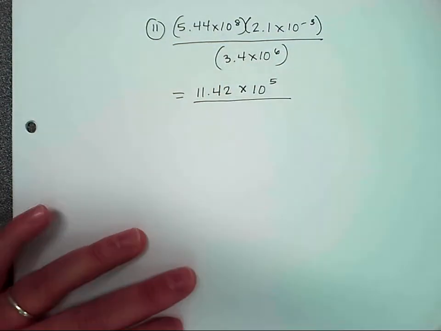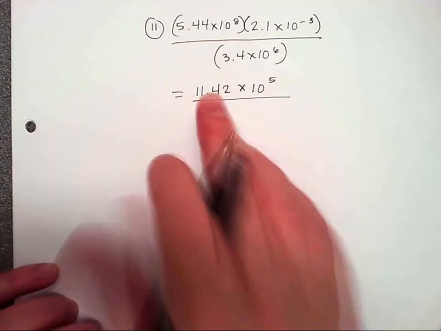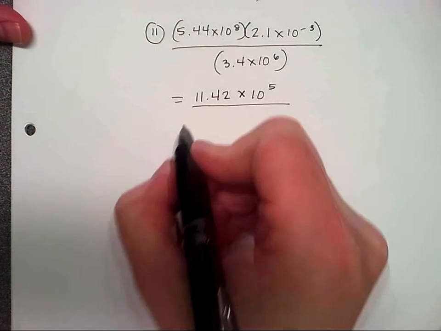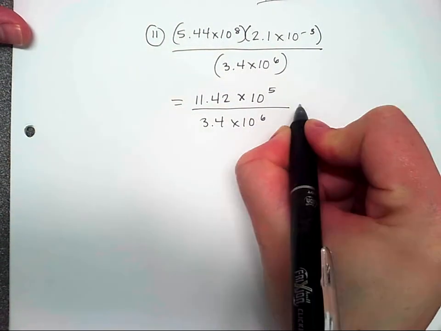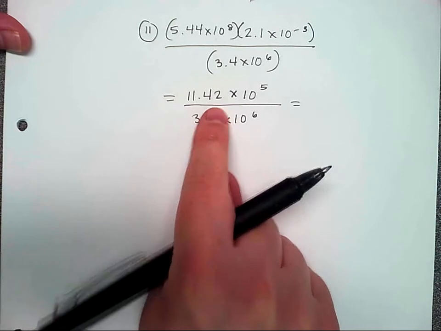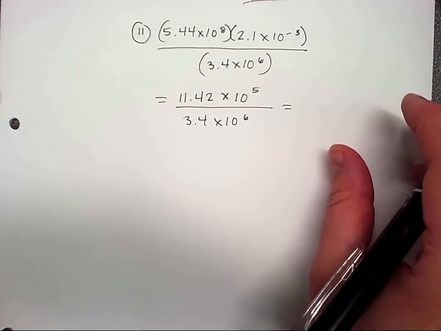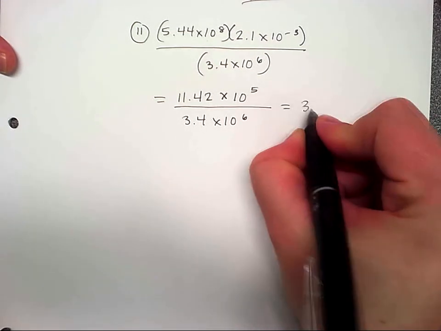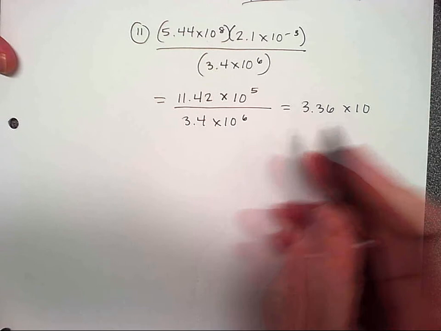So then I'm not going to put that in scientific notation yet, right? It's clearly not in scientific notation, but let's wait till the end so we're not doing multiple conversions. So divide by 3.4 times 10 to the 6th. Okay, what's 11.42 divided by 3.4? 3.36 times 10 to the what power?